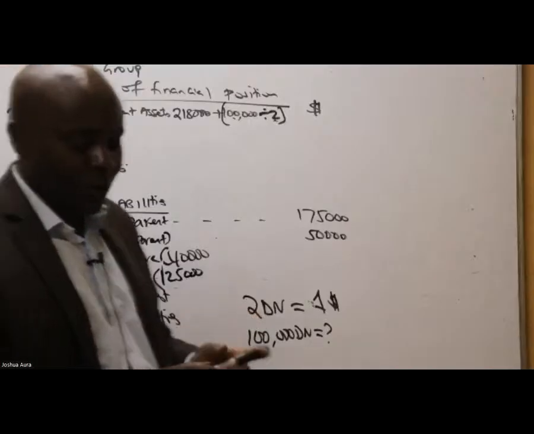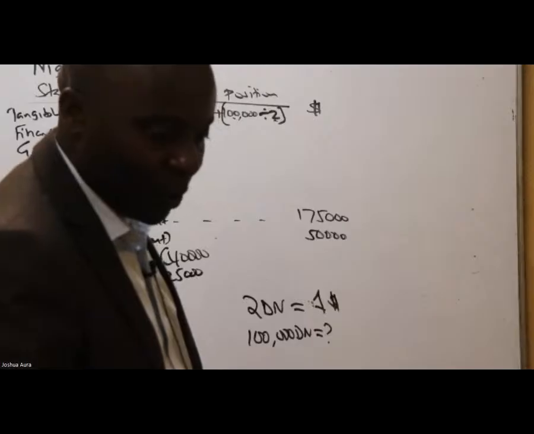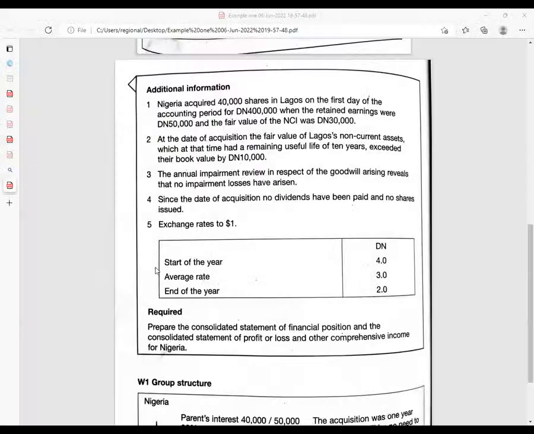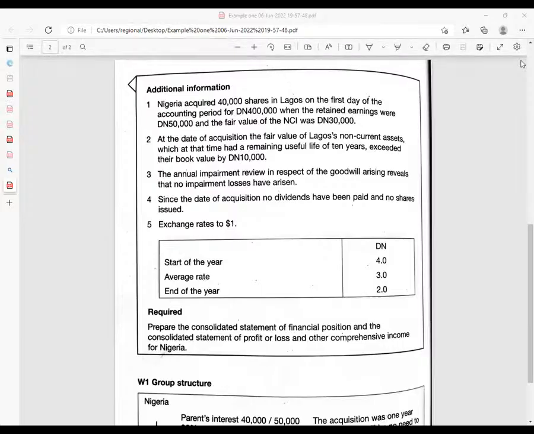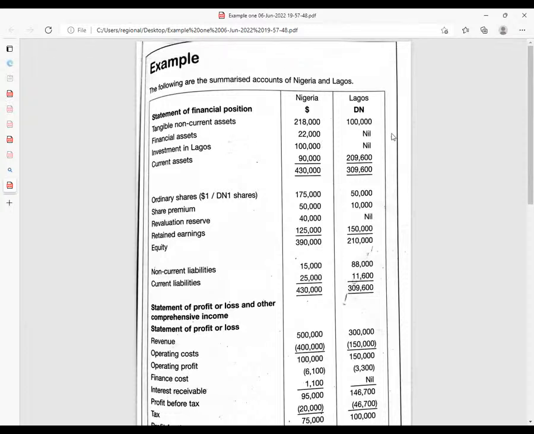Great. Now continue here. Go to the next item. The next item, ladies and gentlemen, what do we have in the next item? What we have here is the financial assets. This is basically a free mark thing, because it is 22,000 plus 0. I love free marks in group consolidation.